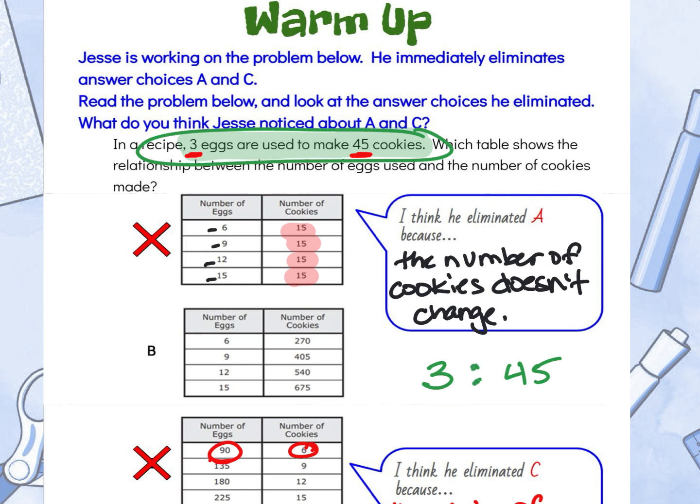Okay, so I can find a multiplier here from 3 to 45, right? That's one way I can do it. Or I can add it to my table, 3 and 45, and see if it fits the pattern.